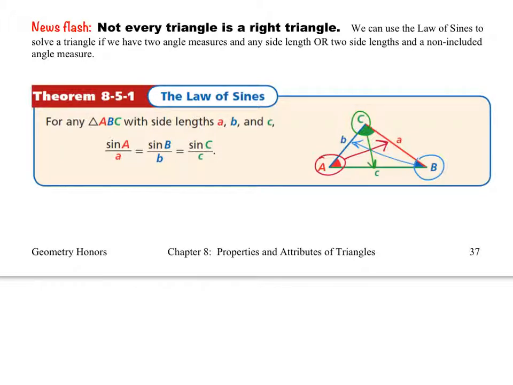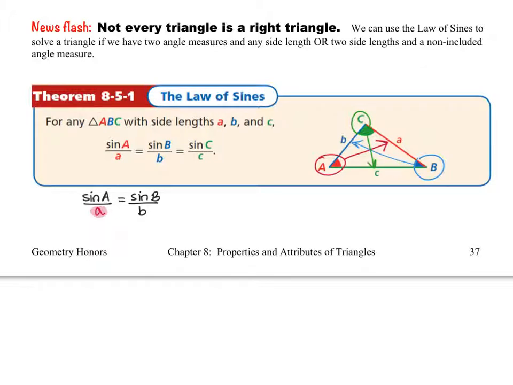You're only going to ever use two of these at a time, and the proportion allows us to solve for whatever is missing. Imagine that we're looking for side length A. Whenever we set up a proportion, which is ratio equals ratio, we have four different things: the numerator on the left, the denominator on the left, the numerator on the right, the denominator on the right.